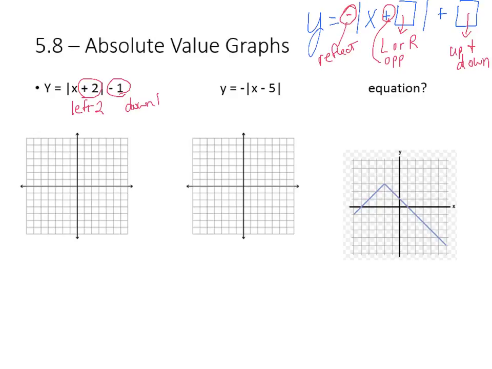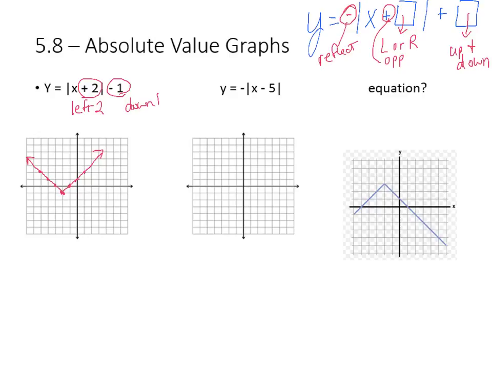So normally the vertex would be at the origin, but I'm going to go left 2, down 1, and now here is my vertex. And then the slope was always just rise 1, run 1. So plot some points to keep that accurate, and then go the other way also, some matching points, and then draw your V shape in there. And this is way faster than doing those tables that we were doing in the last chapter.